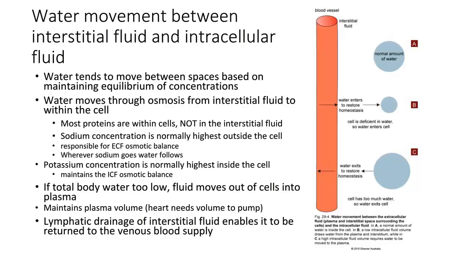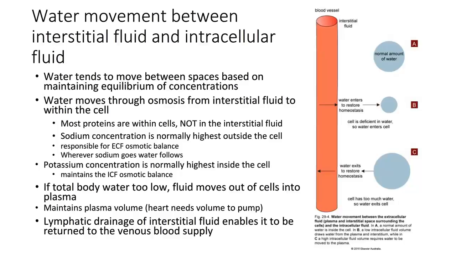If the total body water is too low, fluid moves out of the cells into the plasma, and that's because the albumin will stay within the vessels in order to maintain the fluid volume so that the heart has something to pump. And that means our cells would shrink in order to favour the fluid volume in the vessels.